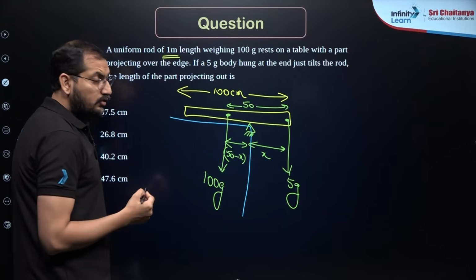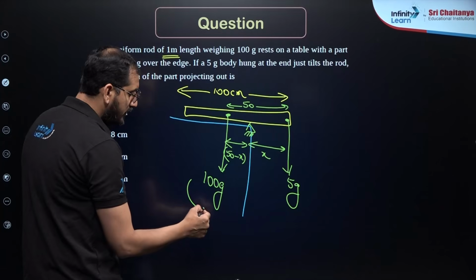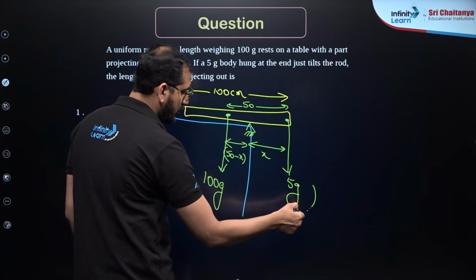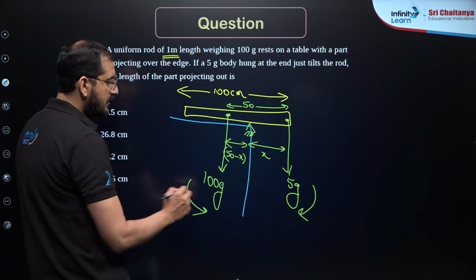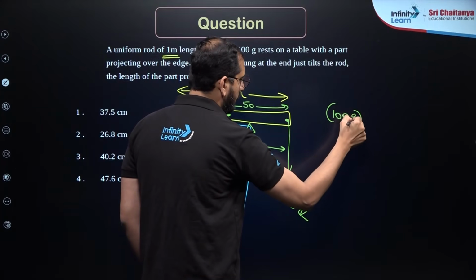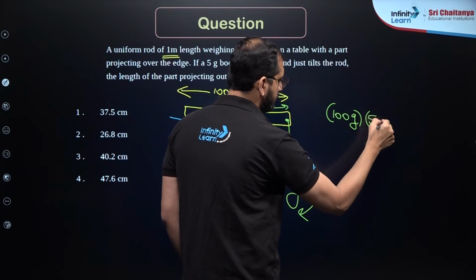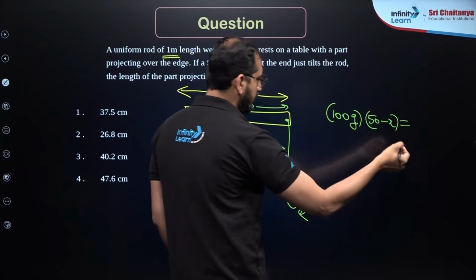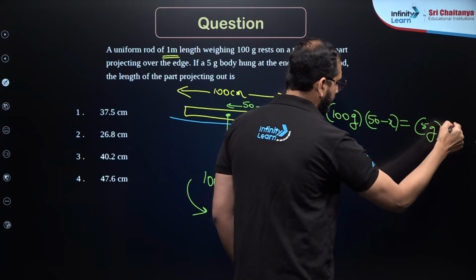Now I'm going to apply the torque equilibrium condition, rotational equilibrium. So torque balance: the torque of this and the torque of this about this pivot are going to balance each other. Here I'm going to write force multiplied by distance, and over there force multiplied by distance.